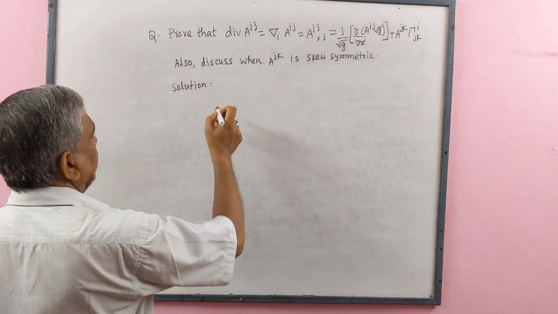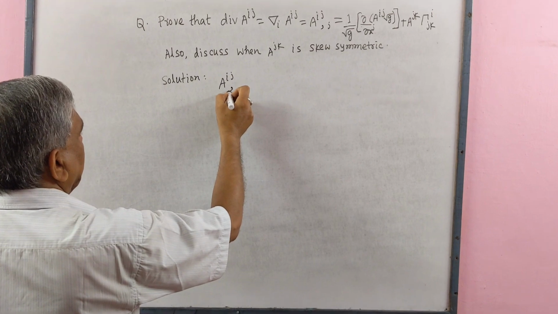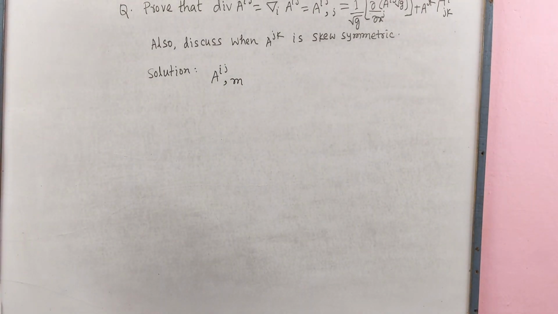Firstly, we write the covariant derivative of A^ij with respect to x^m.